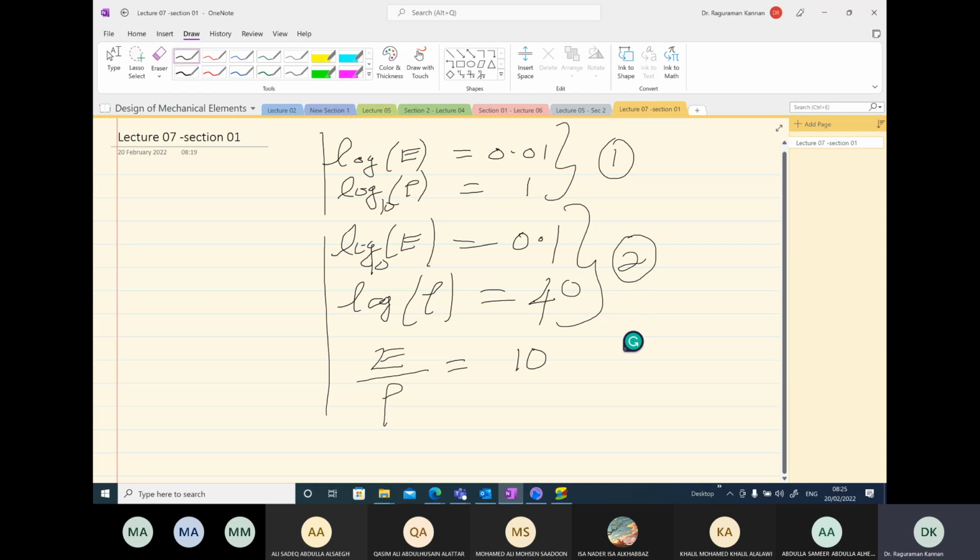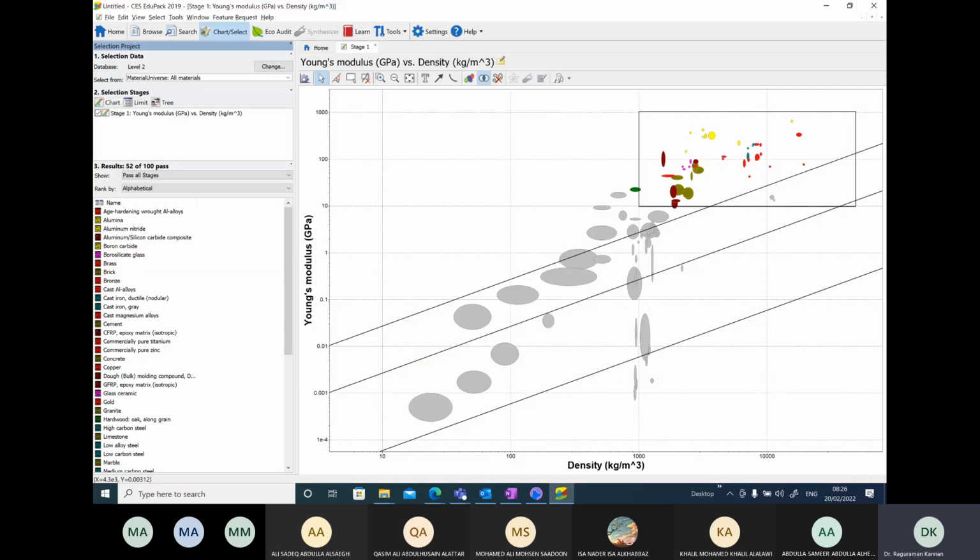So 10 power 0.1 minus 10 power 0.01 divided by the corresponding density values. Let's see if this will come out right in the kg per meter cube values. This is in kg, this is in gigapascal.